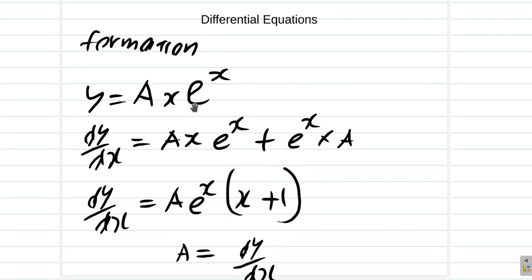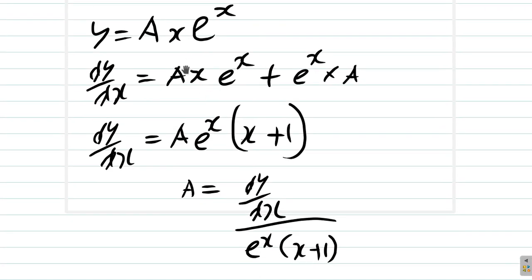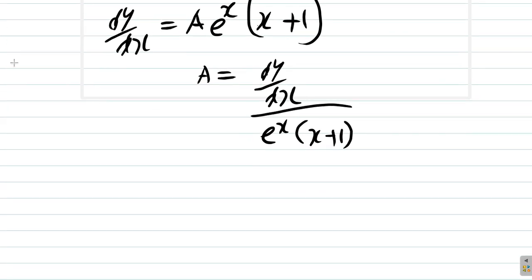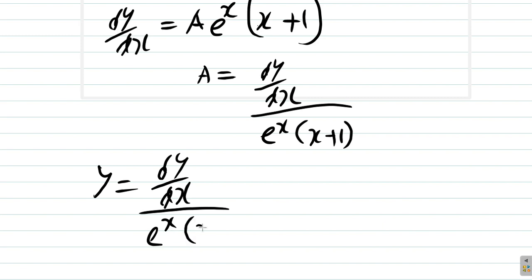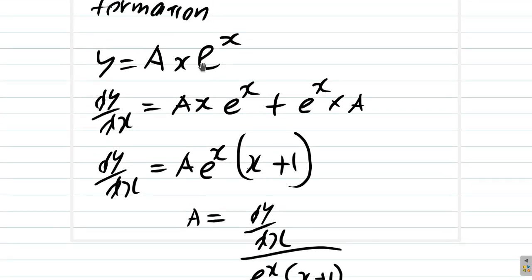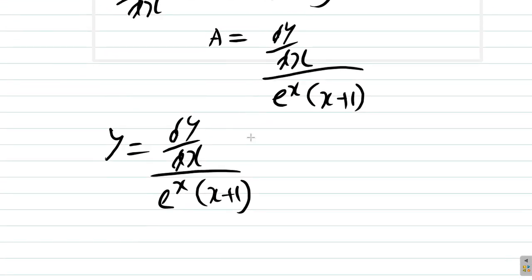Now, a is this. So y equals a, which is dy by dx all over e to the x times x plus 1, times e to the x. Now, we want to fix this up, right?